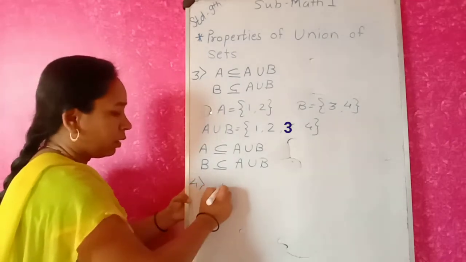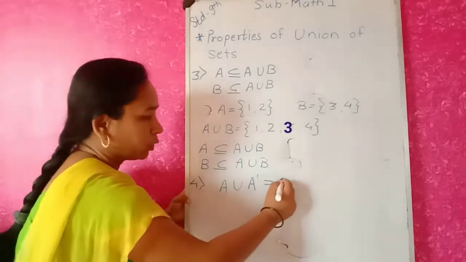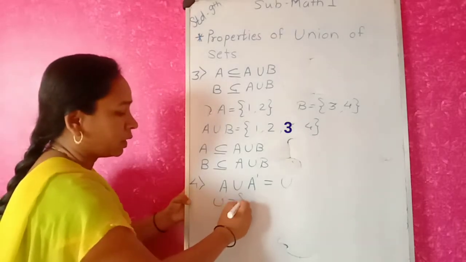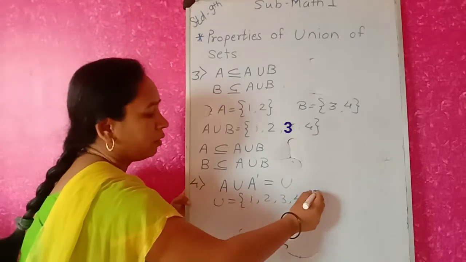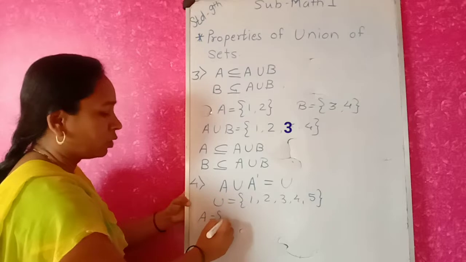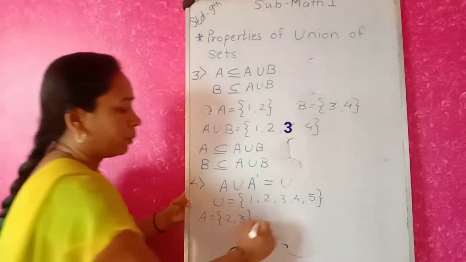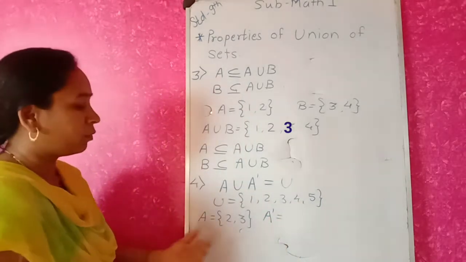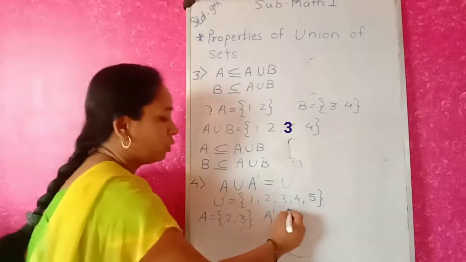Fourth property, A union A complement is equal to the universal set. For example, for the universal set, I have taken the elements 1, 2, 3, 4, 5. A set has only 2 elements, 2 and 3. So what is A complement? A complement means the elements which are not present in A but are in the universal set.